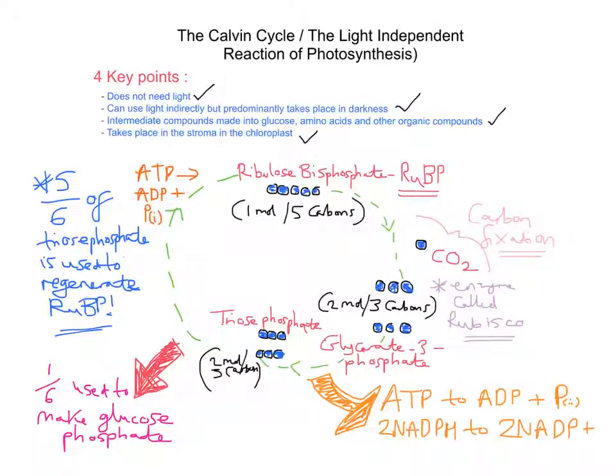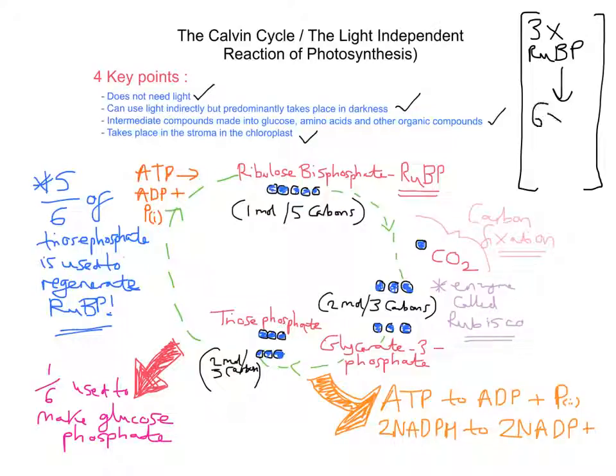Now, chemically, you don't really deal with those kind of numbers. So what we do is we imagine we have 3 lots of RuBP. If you work this through with me, I'll make a note of this at the top of the screen just here. So if you have 3 lots of RuBP, that would give 6 molecules of triose phosphate.